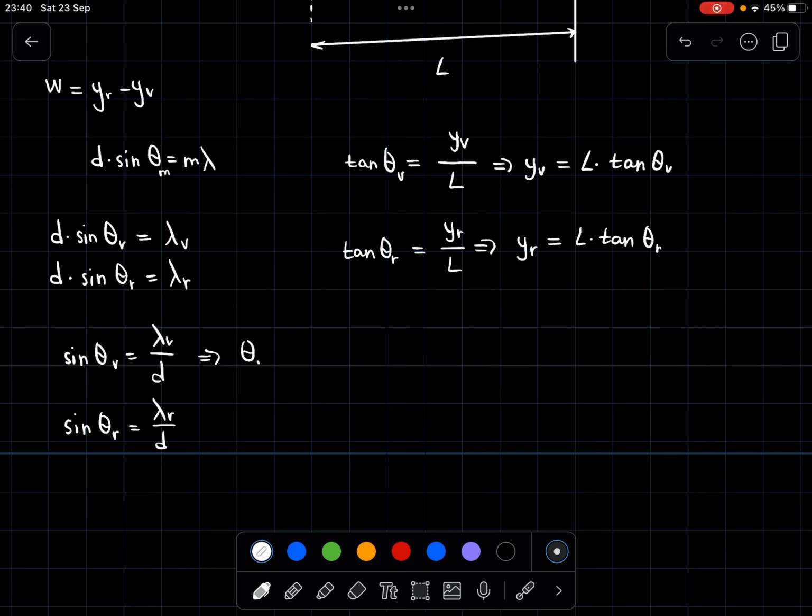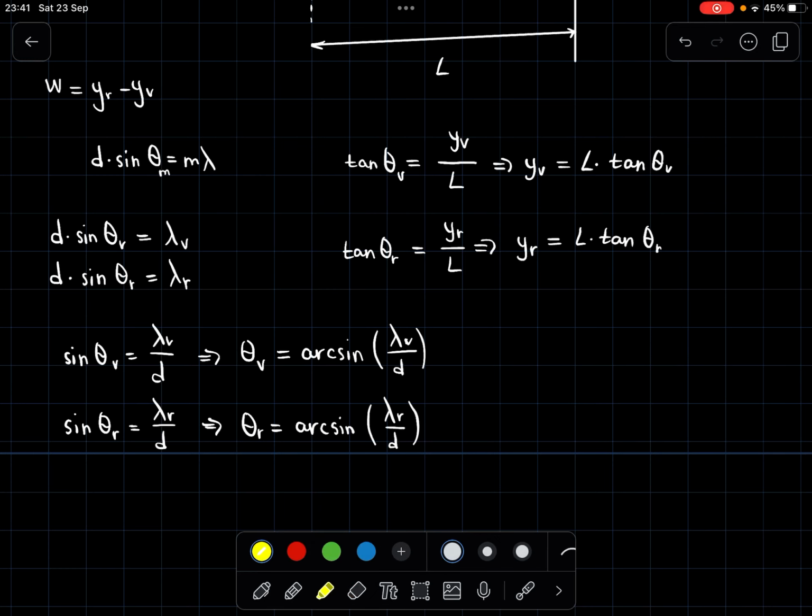Theta violet will be equal to arc sine of lambda violet divided by d, and the same formula for theta red. It's equal to arc sine lambda red divided by d. So I found the angles, and I should put them into these two formulas.